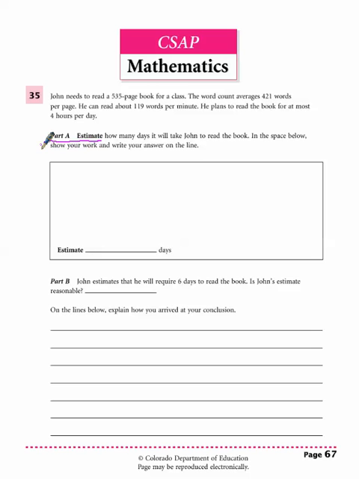So I'm going to say this. The book is 550 pages. I'm going to make it easier. I'm just going to say it's 400 words per page because it says estimate, right?